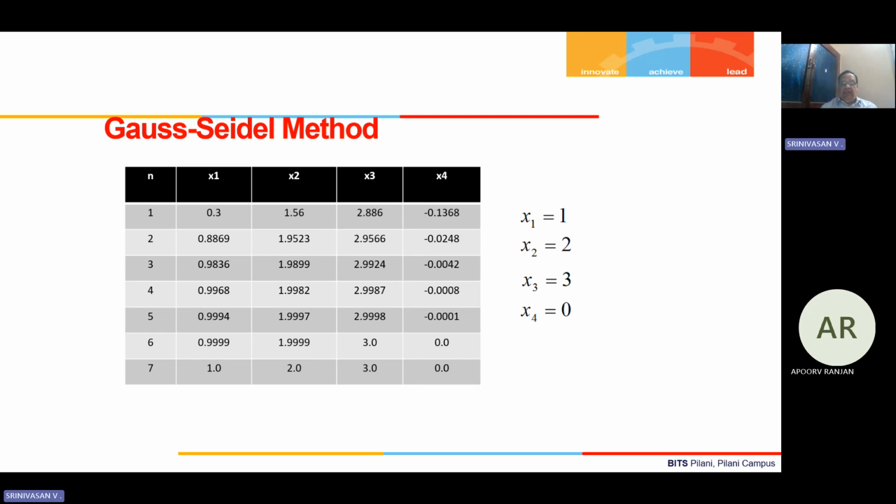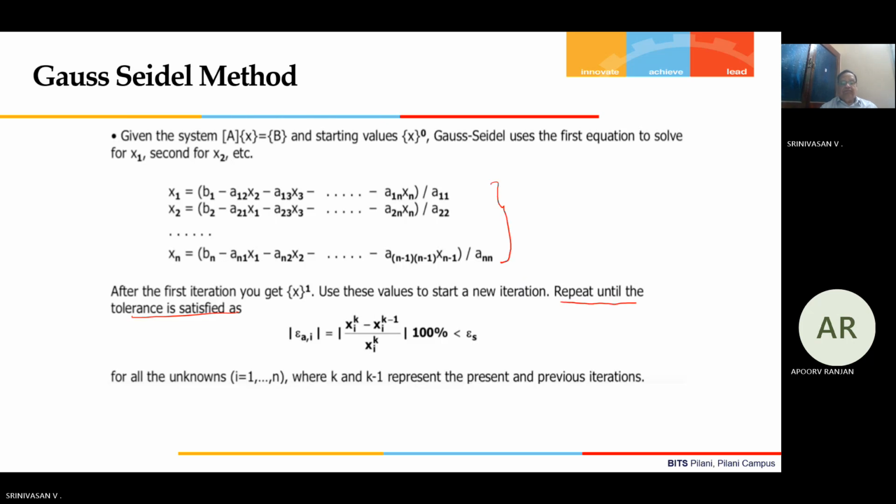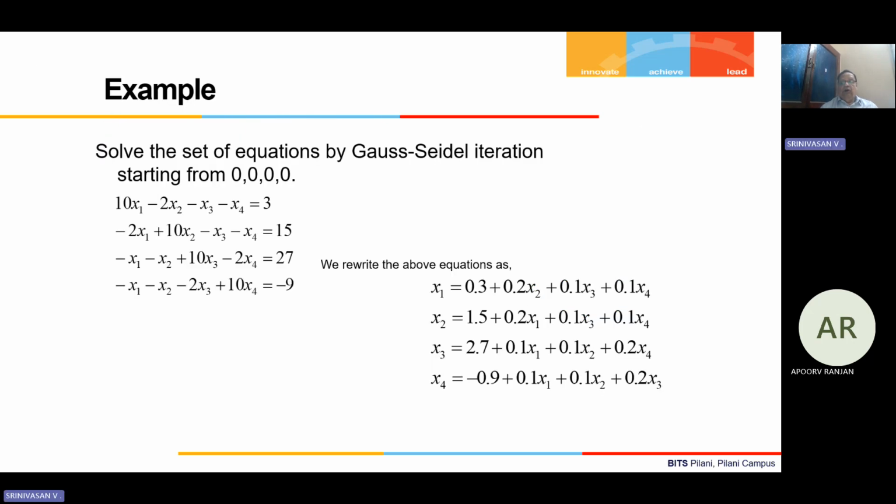When you go to x3, you have 2.7 plus 0.1 into x1, that is 0.03, plus 0.1 into x2, that is 0.156 since you already have 1.56, and x4 is 0 now.